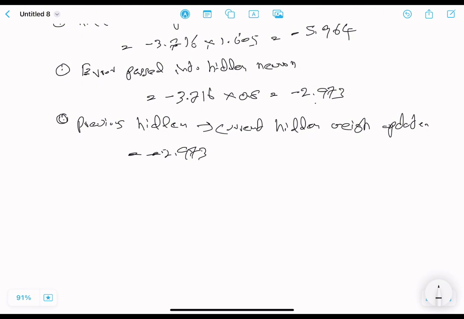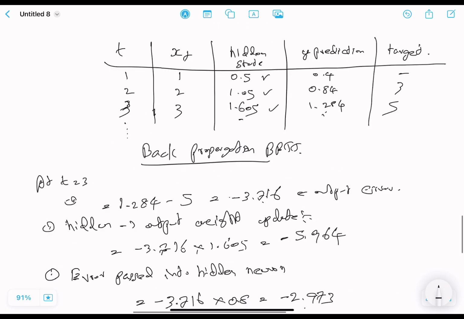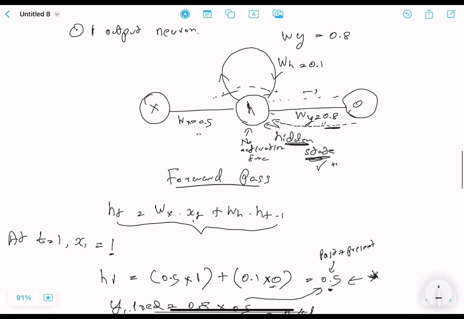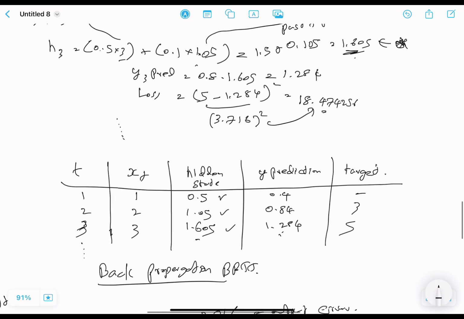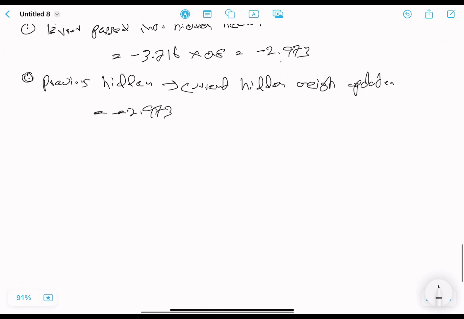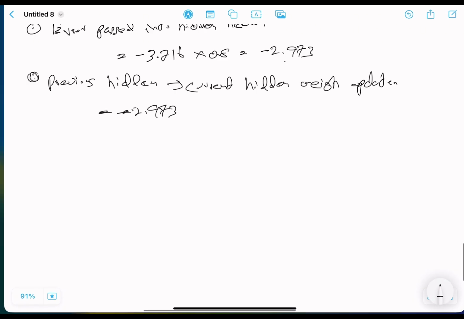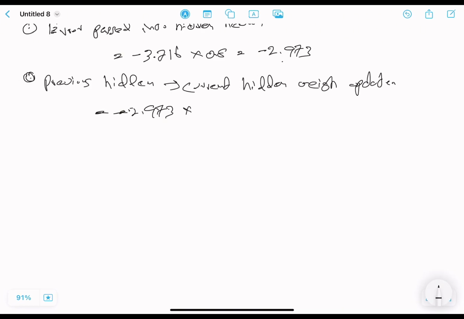This part is receiving that number, so we take that number and multiply it by the previous hidden state's value, because at that stage the current hidden state value is not valid since it was not updated, so we need to take the previous one.